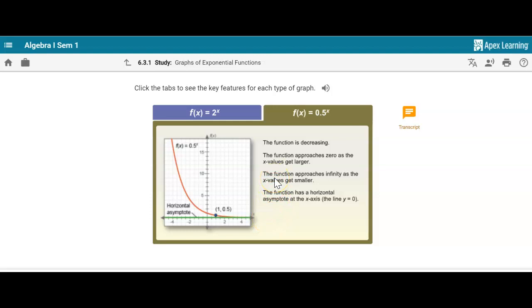One thing I want you to notice: a horizontal asymptote is always the equation of a line, and since the line is horizontal, it's always y equals a number, the y value that the graph is approaching. In this case, the y value of the x-axis is 0, so y equals 0 is the horizontal asymptote here.